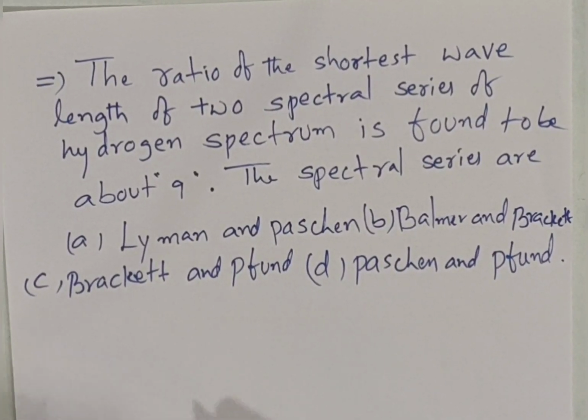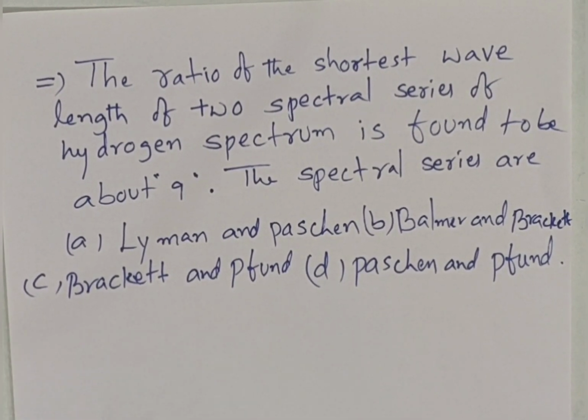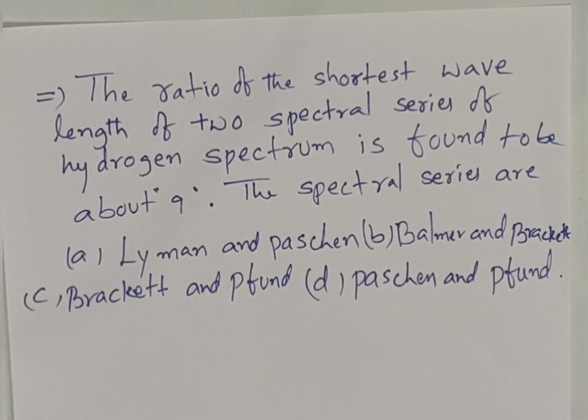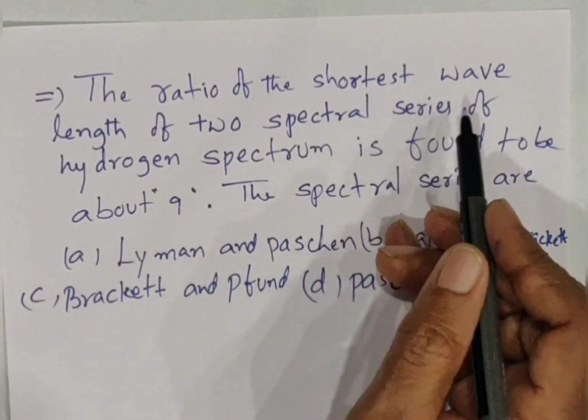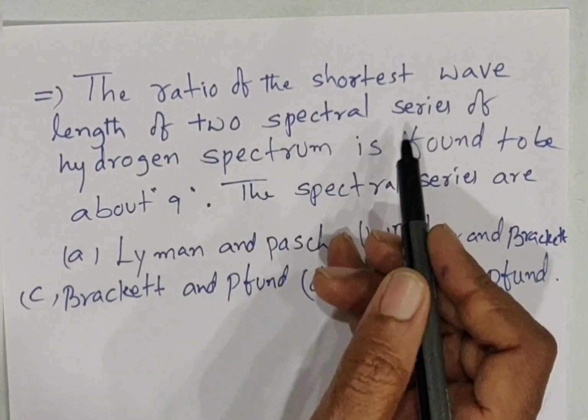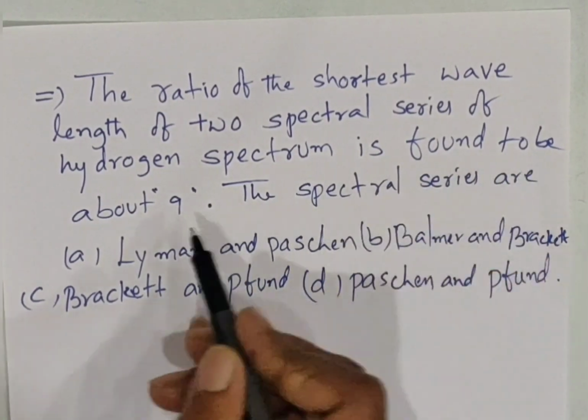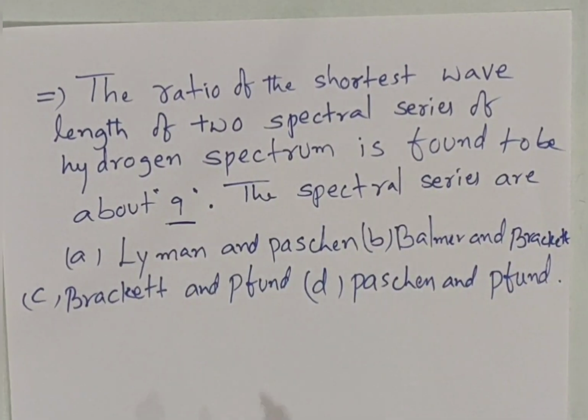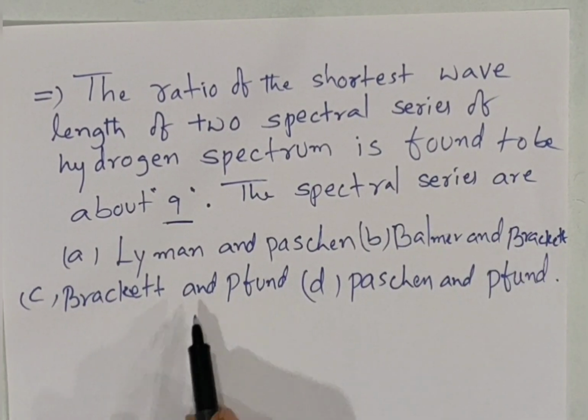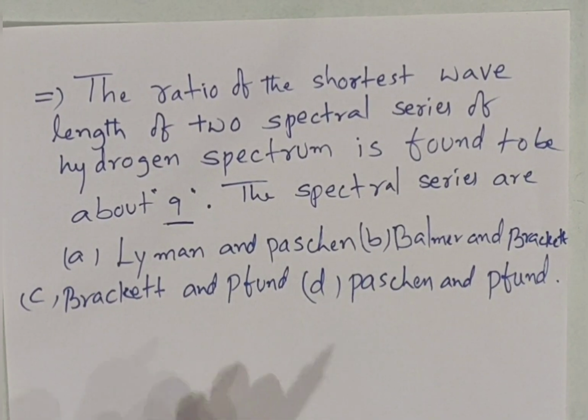Now dear students, in hydrogen spectrum, another important problem was given, that is, the ratio of the shortest wavelength of two spectral series of hydrogen spectrum is found to be about 9. What are the spectral series? So these options are given.